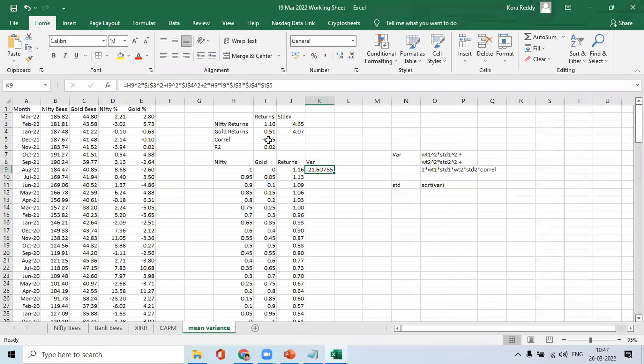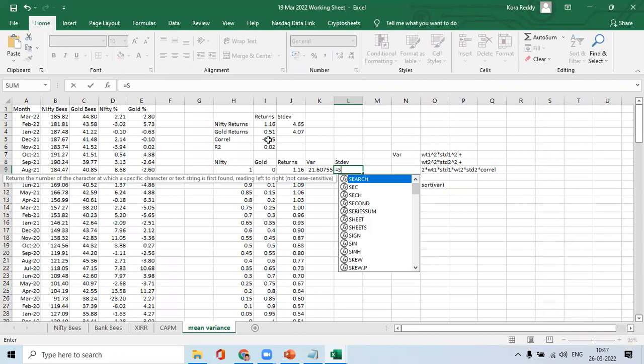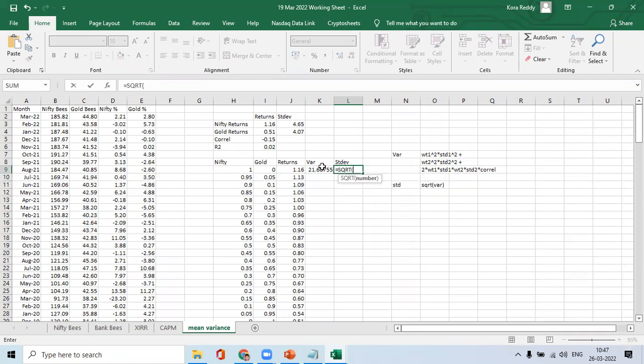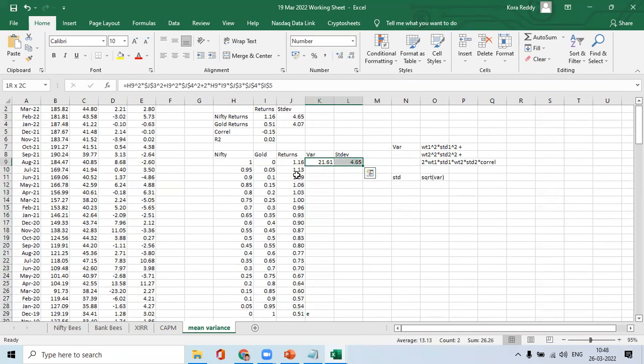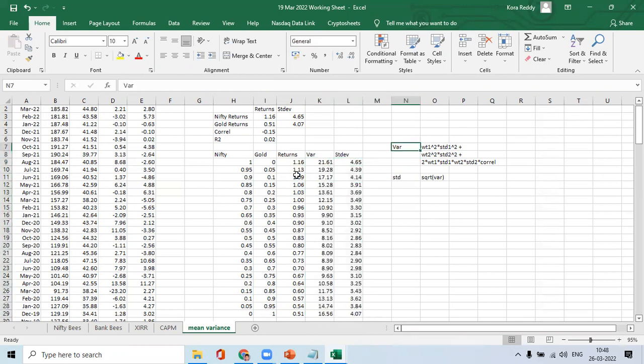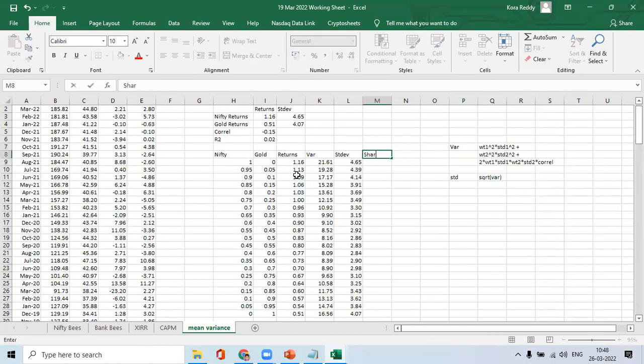Right, so now the standard deviation for this is the square root of this. Now you simply copy it. Now you are calculating Sharpe ratio, which is simply the average returns divided by the risk.